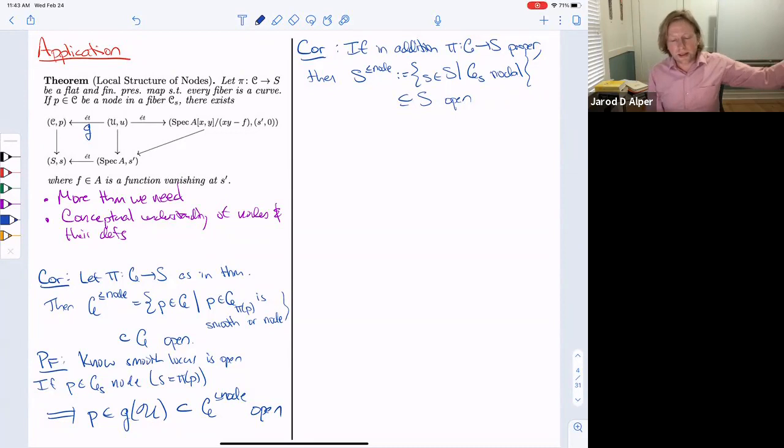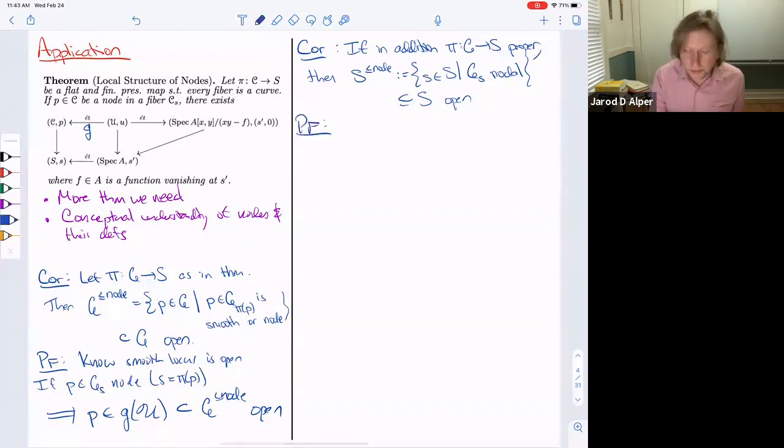And if we want to get the openness of the nodal locus in the base, we need to impose a properness condition. So this is what I have over here. If in addition this is a proper family, then this locus of points S whose fiber is a nodal curve is open.